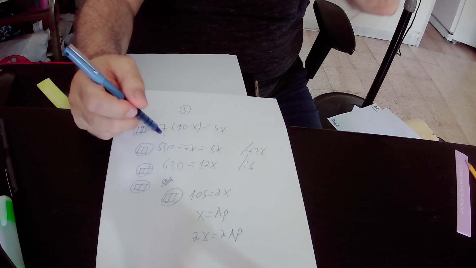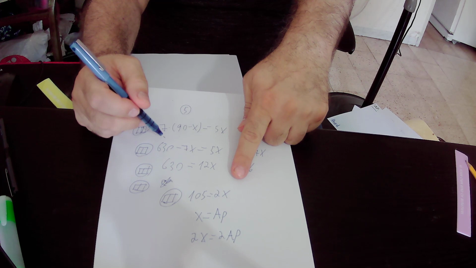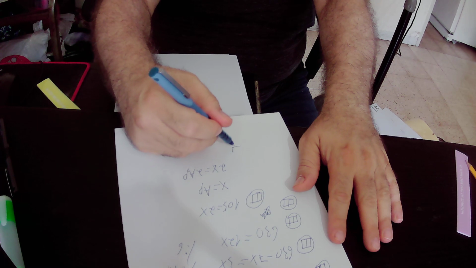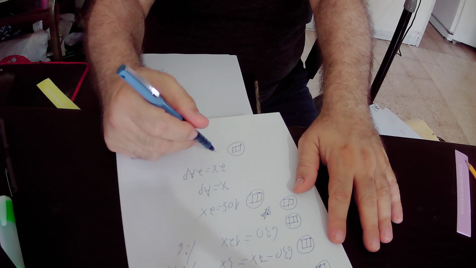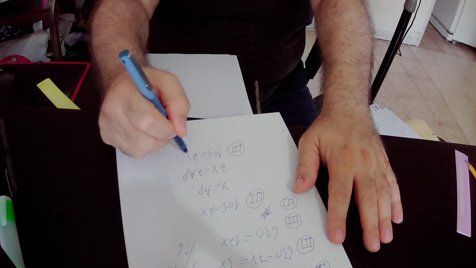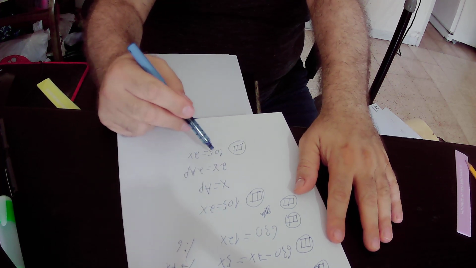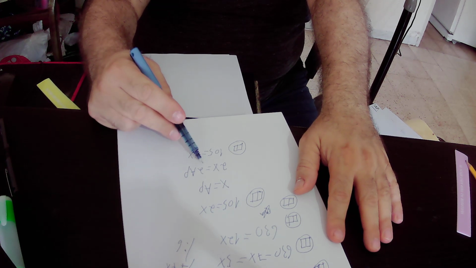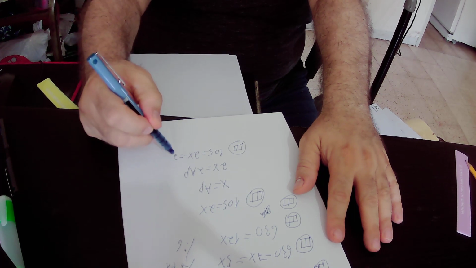So we can add a third equation: 105 equals 2x, and from the other side 2 times x equals 2 times AP.